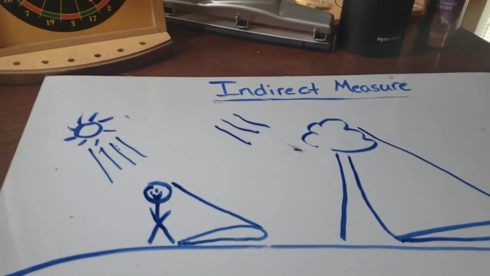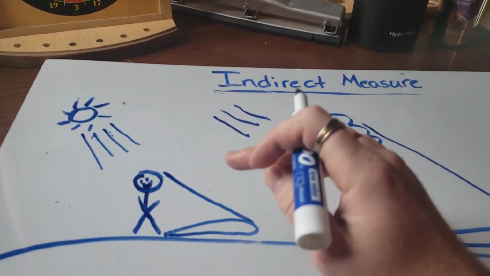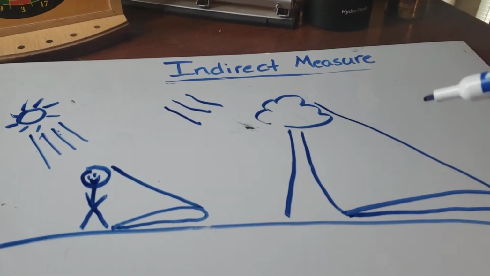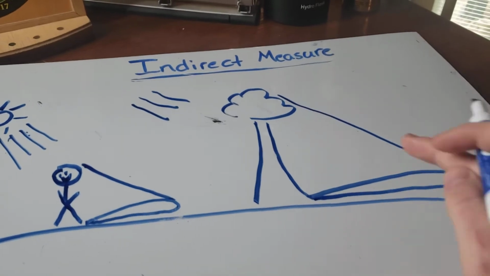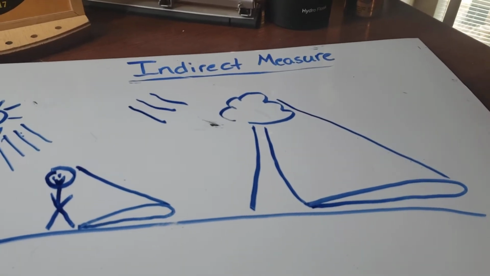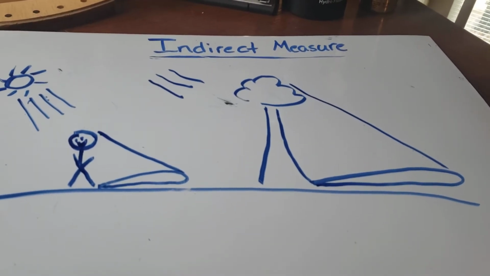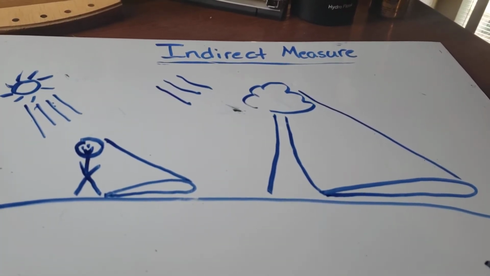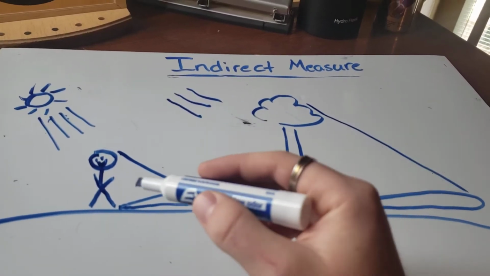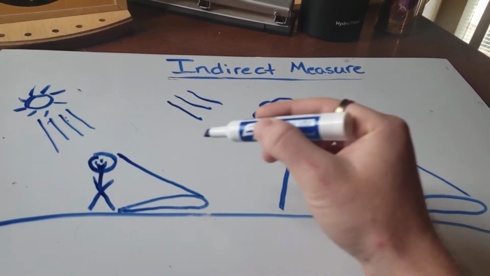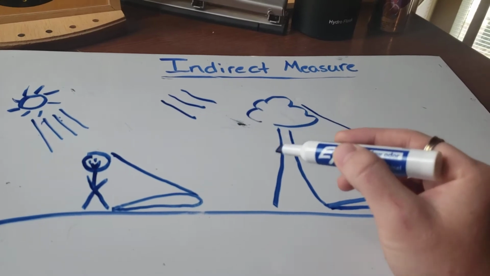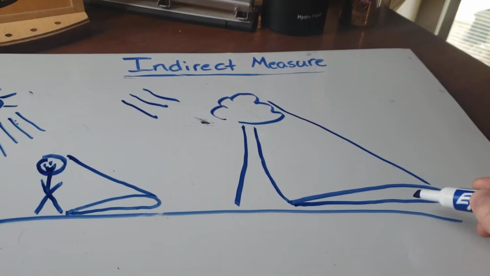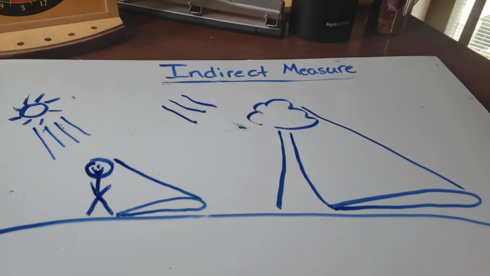Because the angle is the same, you and any object in the same relative location on Earth are forming a similar triangle. What that means is that your height is proportional to the tree's height. And the big piece here is that your shadow is proportional to the object's shadow as well.